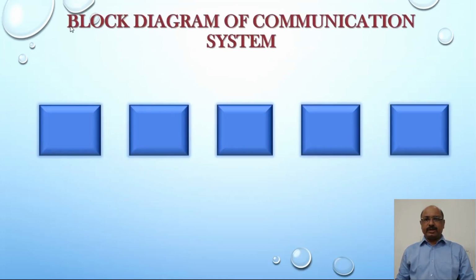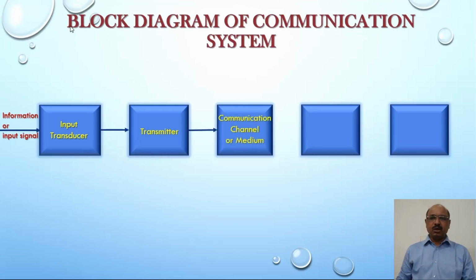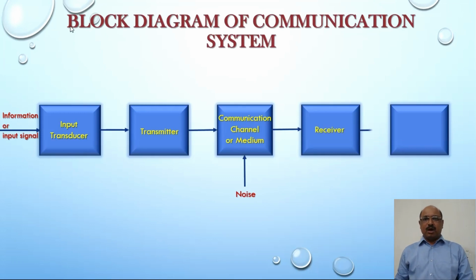The different stages of a communication system are information or input signal, input transducer, transmitter, communication channel or medium, noise, receiver, output transducer, and the output. Let's see each block one by one.